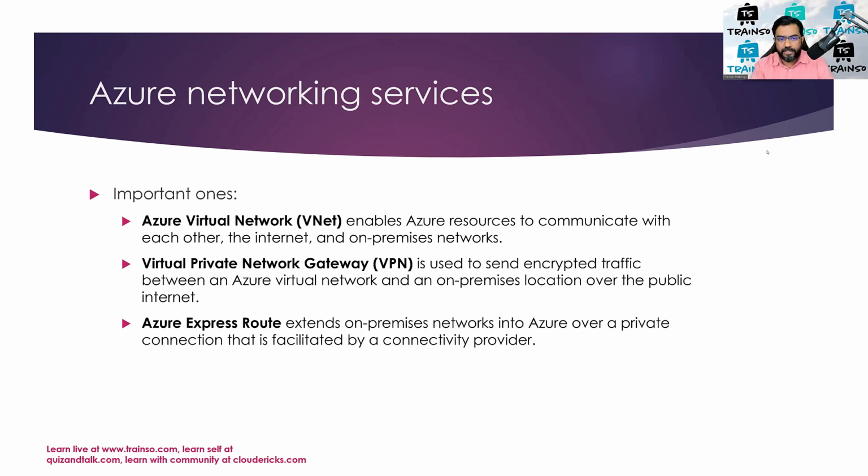So if I create a virtual network 1, and if I create virtual network 2, and within those networks, I deploy some virtual machines, they will not be able to talk to each other unless you have protocols and all defined. So if they are allowed to go to internet, definitely they can connect through internet.